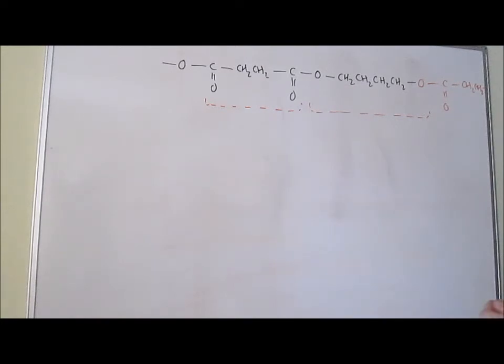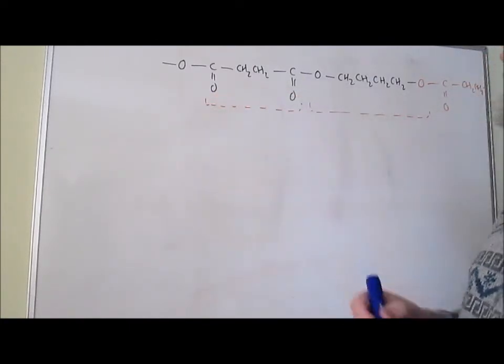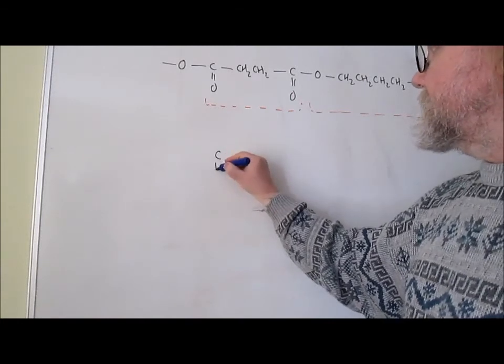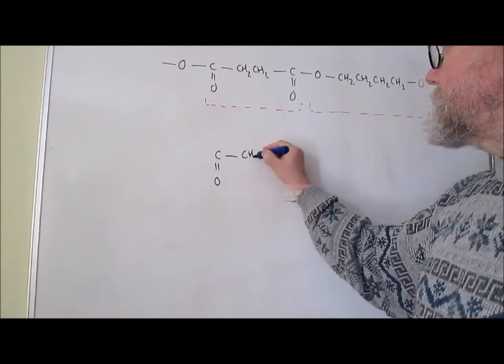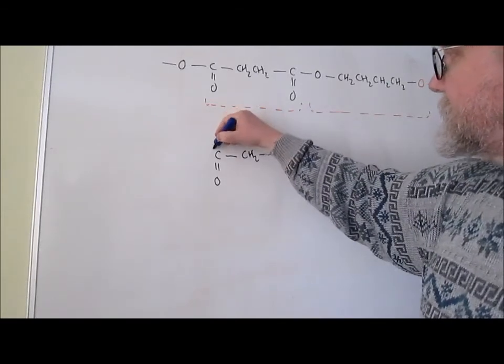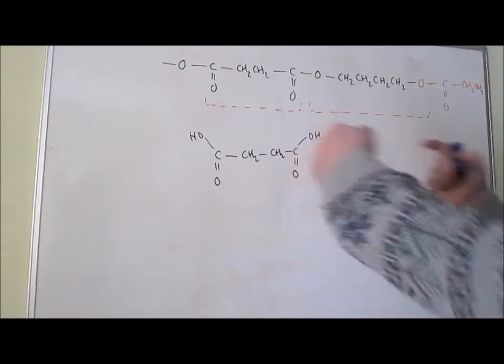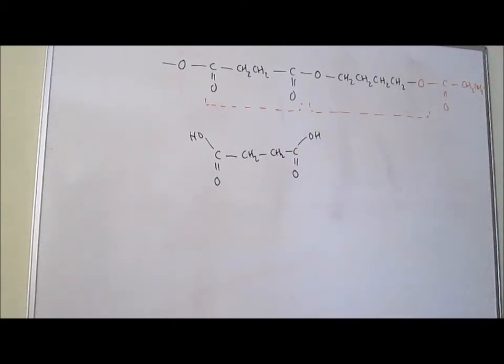So what are the monomers? Well, they correspond to a dicarboxylic acid, so the pair of carbonyl groups will come from a dicarboxylic acid. So you just copy out that little section and you stick OH on the end at each end, and that gives you the dicarboxylic acid.